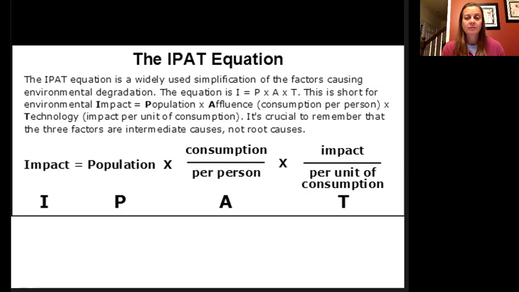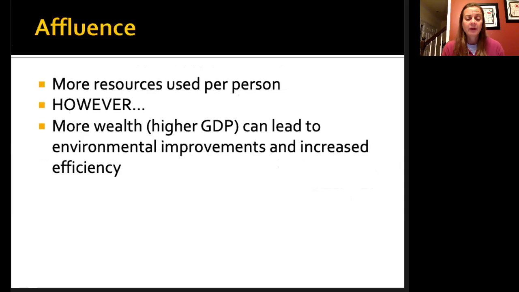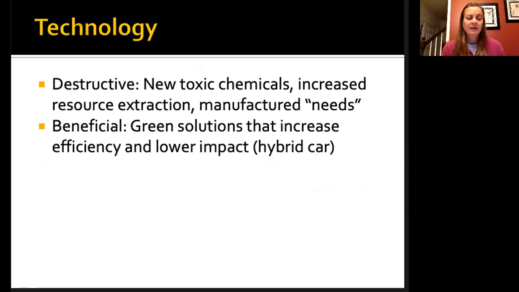So this is a vast oversimplification, but it does give us some idea of the impact of a population on the environment. However, when we talk about affluence, it is important to recognize that very affluent countries do tend to spend more money and energy on environmental improvements. So that can mitigate this piece a little bit. And when it comes to technology, it can be destructive.